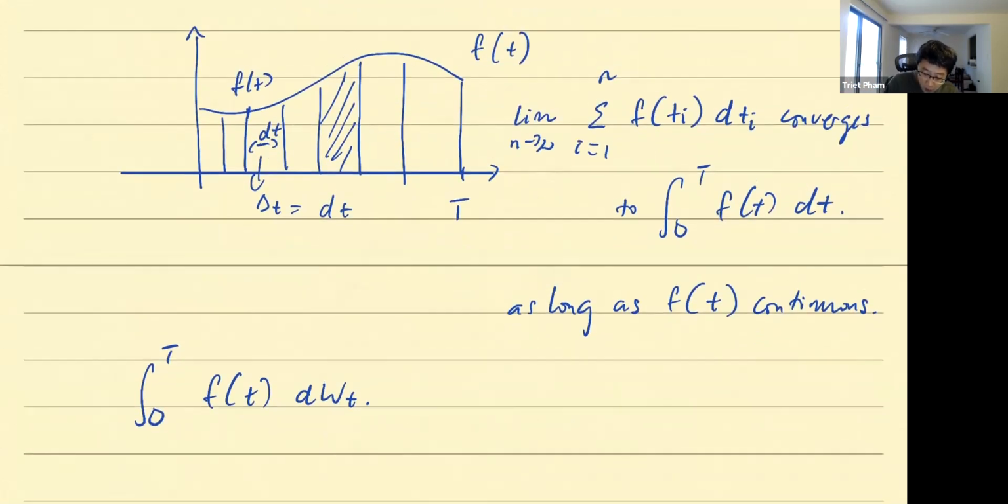But what is dWt? So you still pick, let's say at this point, the height, but the dWt will be lifted from the Brownian motion. Basically, it says take the value of the function and multiply it with whatever the change of the Brownian motion is at that moment. Okay.